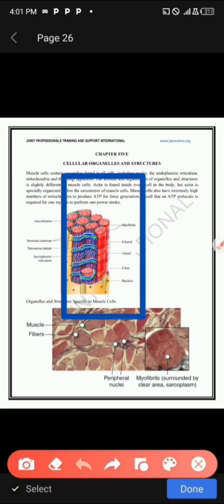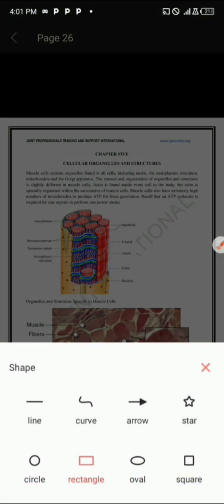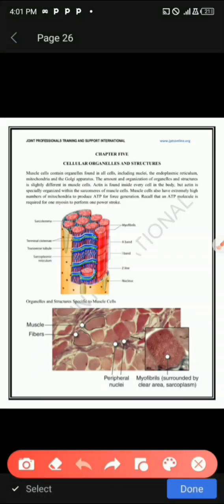Muscle cells also have an extremely high number of mitochondria to produce ATP for force generation, which concerns the muscle.